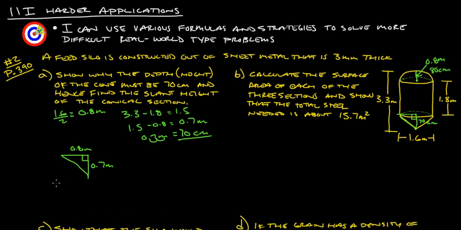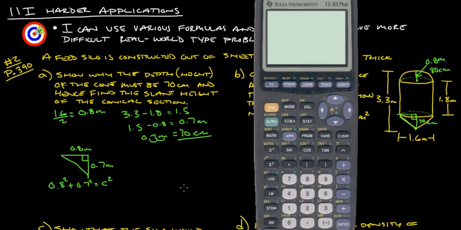So we should just be able to do a squared plus b squared equals c squared, right? So 0.8 squared plus 0.7 squared should equal this hypotenuse, or the slant height, squared. Alright, so we turn on our calculator, and 0.8 squared plus 0.7 squared gives us 1.13.